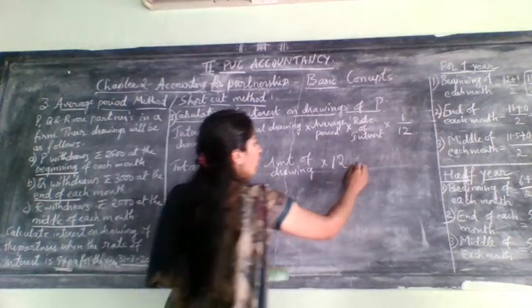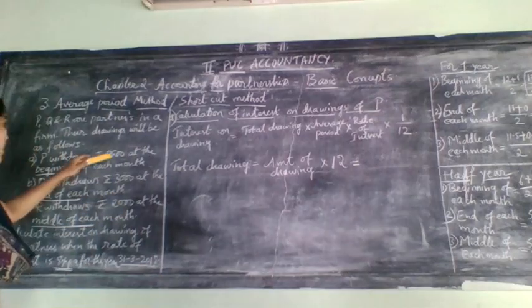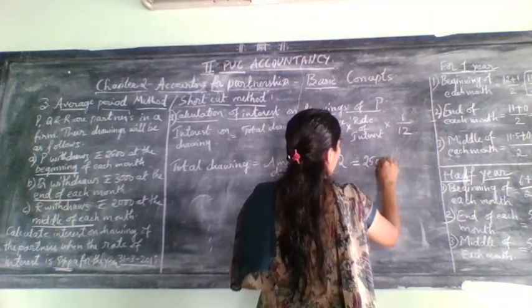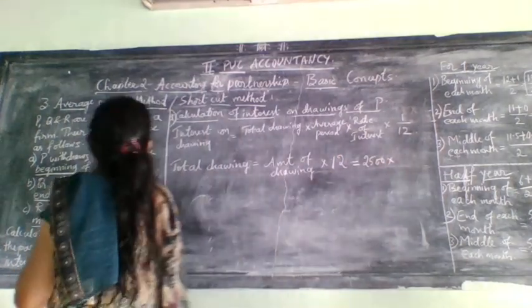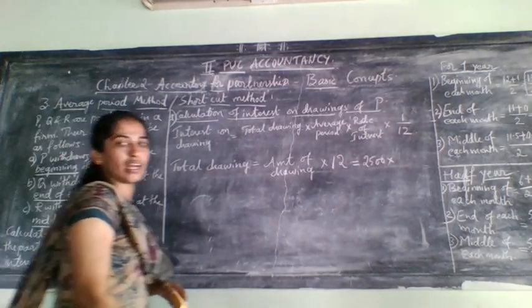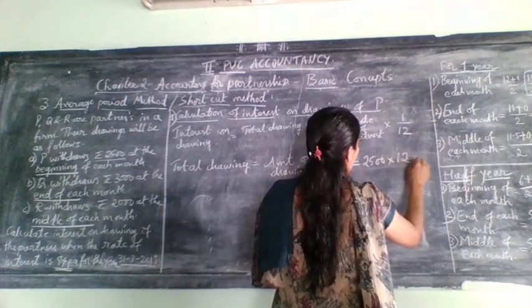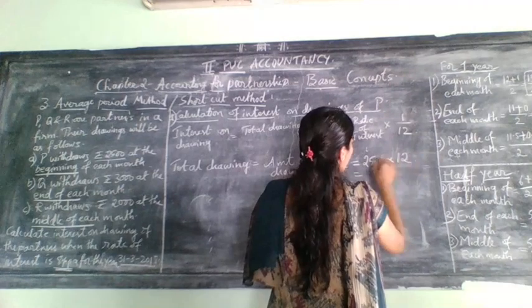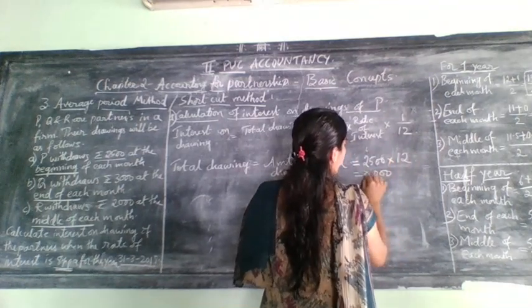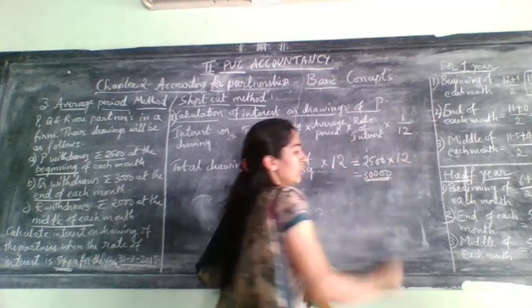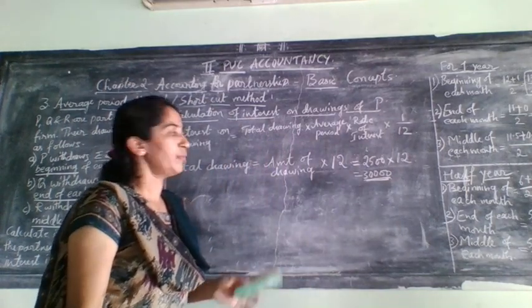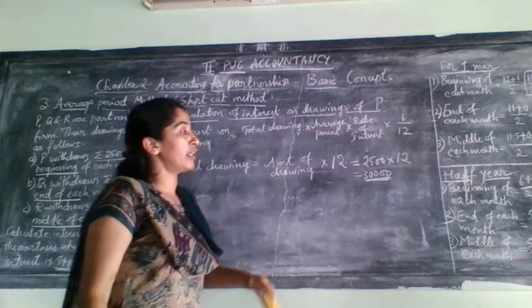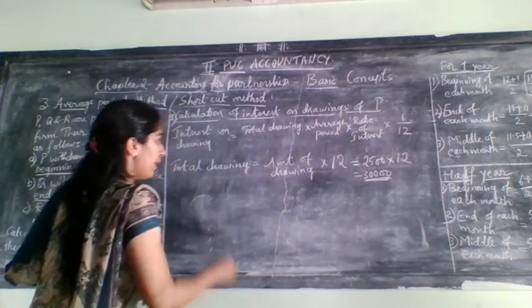Now amount of drawing for the first person is 2500. So 2500 into 12 will come to 30,000.